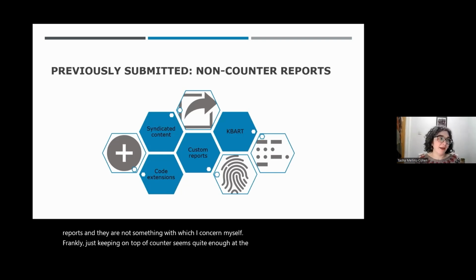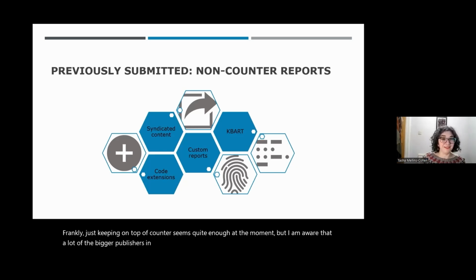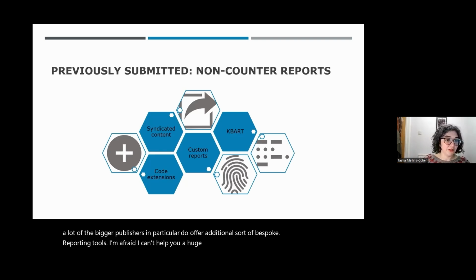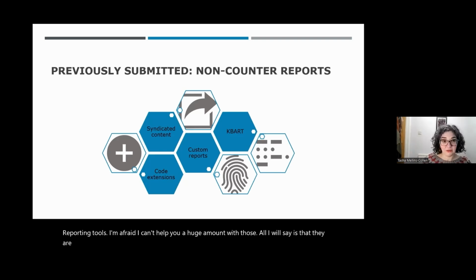But I am aware that a lot of the bigger publishers in particular do offer additional sort of bespoke reporting tools. I'm afraid I can't help you a huge amount with those. All I will say is that they are not likely to be including the kind of normalized metrics that you would see from a Counter report.